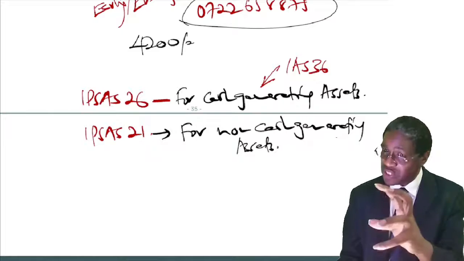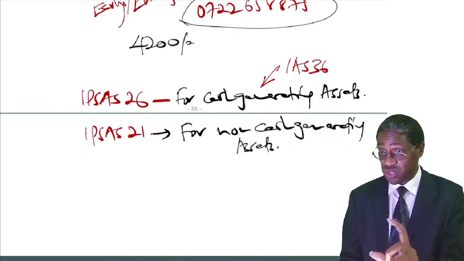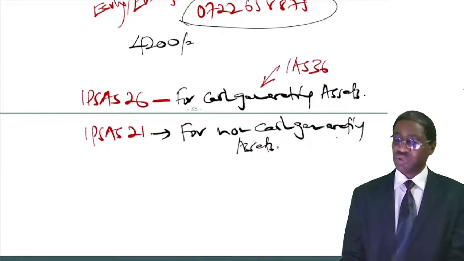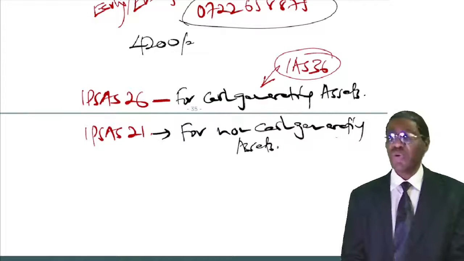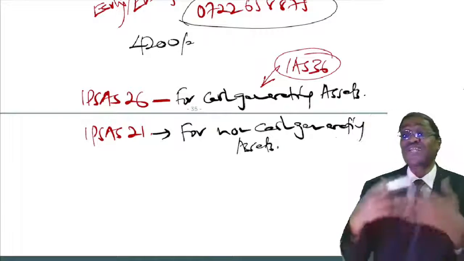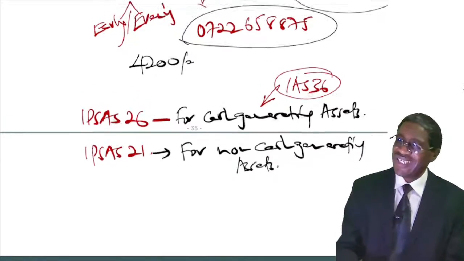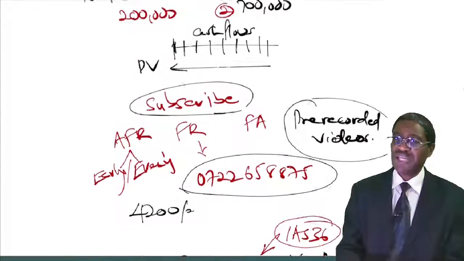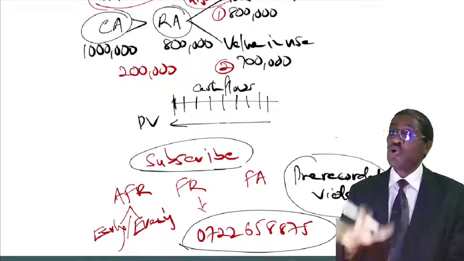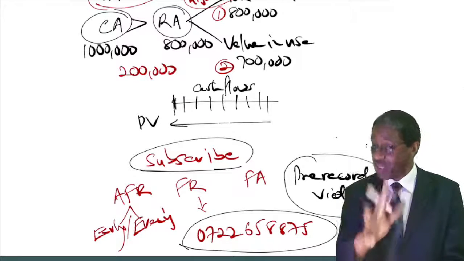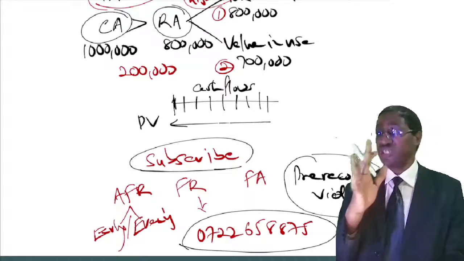Why? Because for IAS number 36, we were testing for impairment of assets that generate cash flows. That's why we were getting the present value of the future cash flows, to get the value in use.